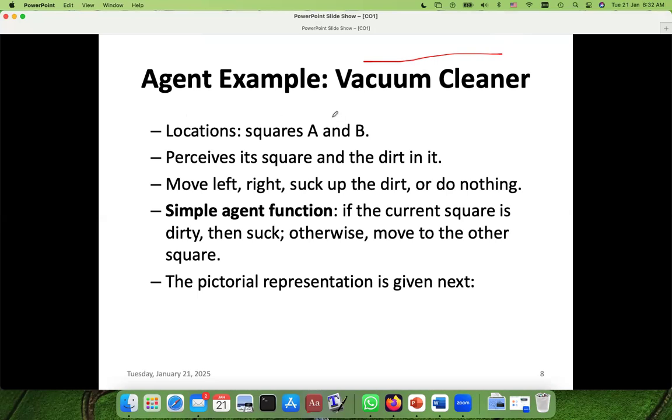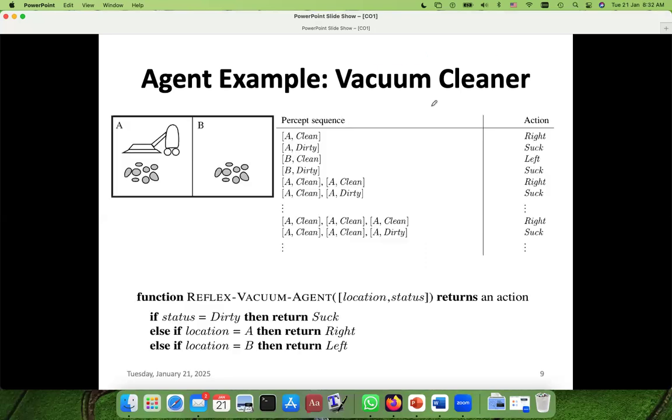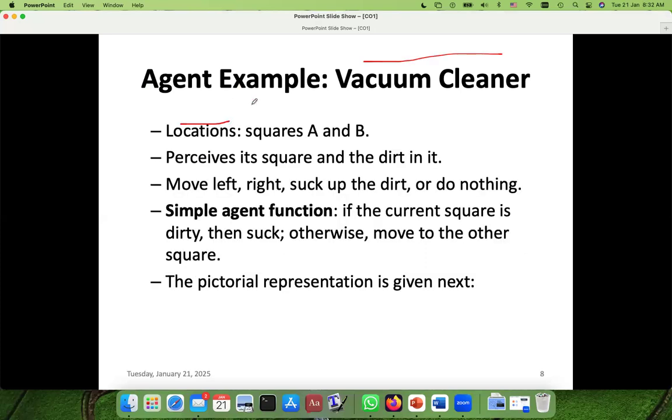This vacuum cleaner has two locations, square A and square B, as you can see here. And then this agent, whose name is vacuum cleaner, can perceive its location, either square A or square B. Perceive means read, observe.